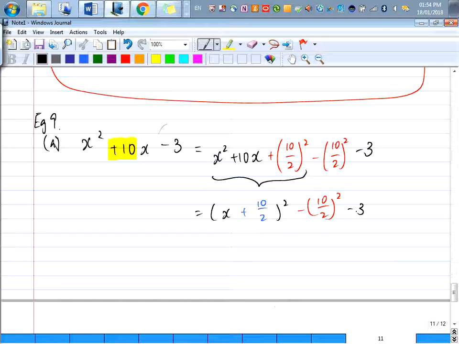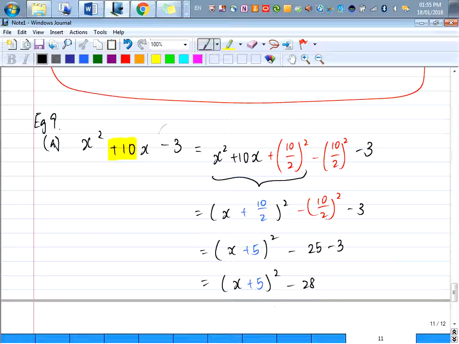Okay? Let's continue. This will be x plus 5 squared minus 25 minus 3. Okay, this is what I have so far.